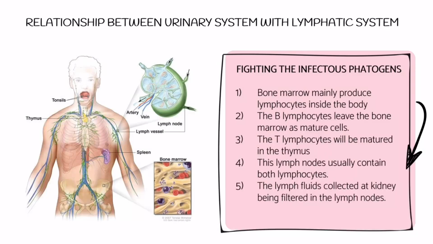B lymphocytes will leave the bone marrow as mature cells, but the T lymphocytes will go to the thymus and they will mature inside the thymus. These B and T lymphocytes will go to the lymph nodes and will help to destroy pathogens when an infection occurs within the kidney.